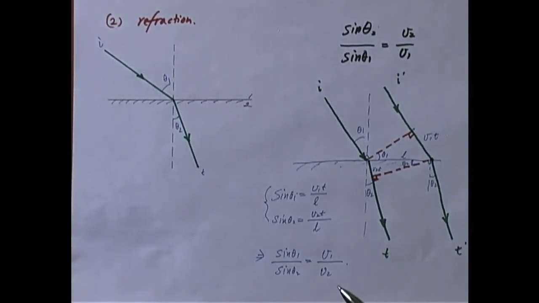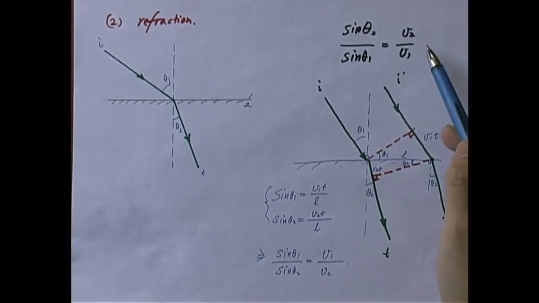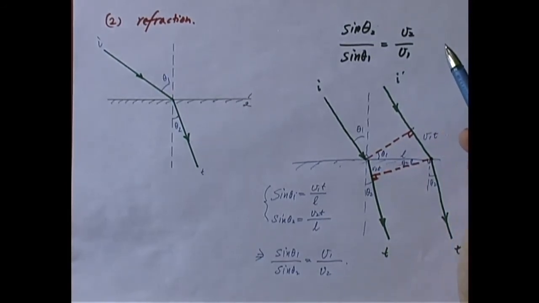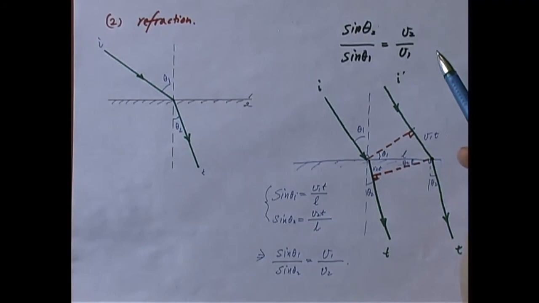It is not usually convenient for us to denote the speed of light v1 and v2 directly. For one thing, they're very, very large numbers. So what we're going to do is simply compare the speed of light in different media with the speed of light in vacuum by introducing what's called the index of refraction.